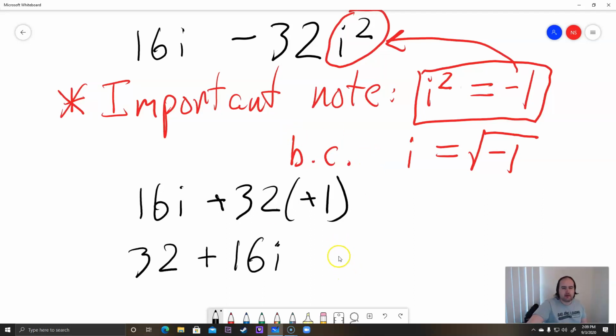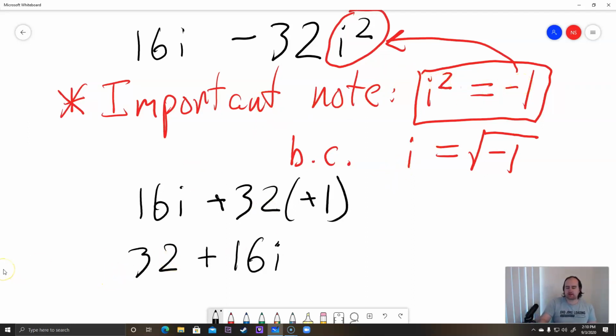Okay? And notice that I wrote it in the form a plus bi. You always write your a first and then your bi second. Okay, so why didn't this i go away? Well, if you just have an i by itself, it doesn't turn into negative 1. But if you have an i squared, that always becomes negative 1.